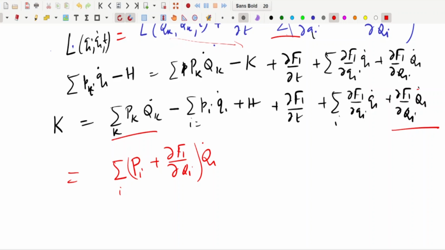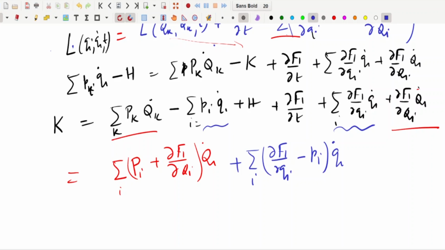Now let us combine the small q dot terms, this term and this term. So I can write the sum over i of del f1 del q_i minus p_i multiplied by q_i dot, plus H plus del f1 del t.